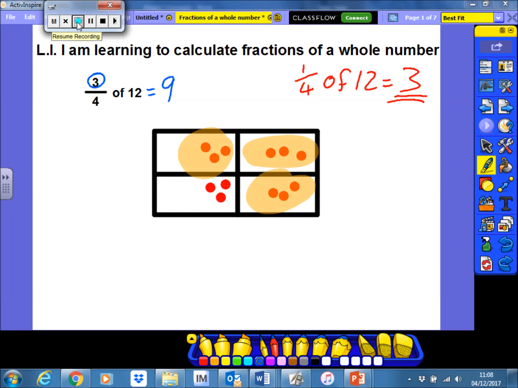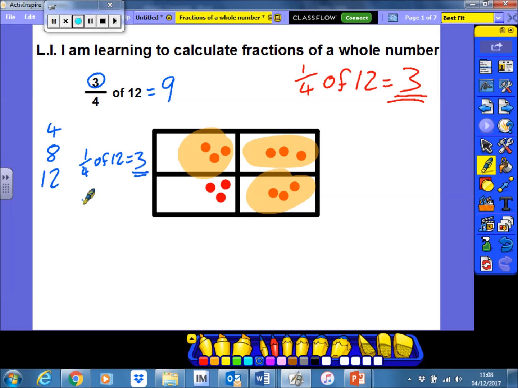Now I could have also done this using my times tables knowledge. First of all, I would have done my 4 times table up until I got to 12. So I'd go 4, 8, 12. Well, that was 3 stations. So that again tells me that 1/4 of 12 equals 3.